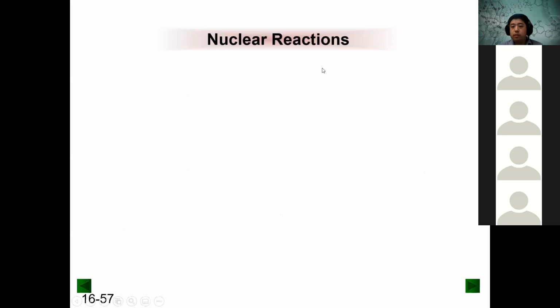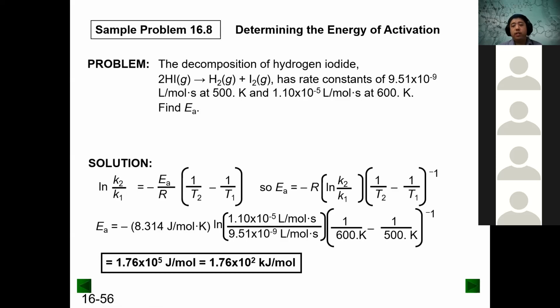8.314 is a constant. So R has two values.